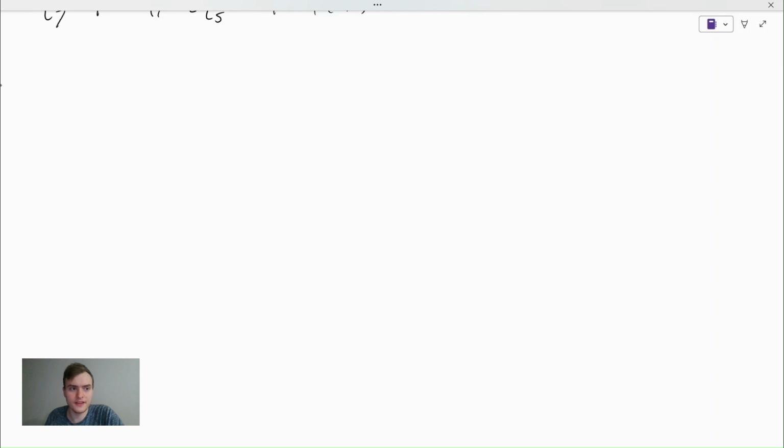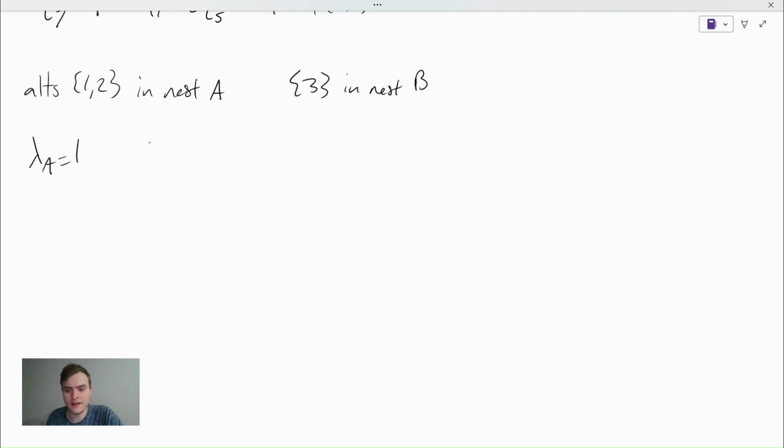Let's say alternatives 1 and 2 are in nest A, and 3 is in nest B. So if lambda A equals 1, then Q1 equals 2 over 2 to the 1 plus 1, times 1/2, because there are 2 alternatives in that group, which equals 1/3.